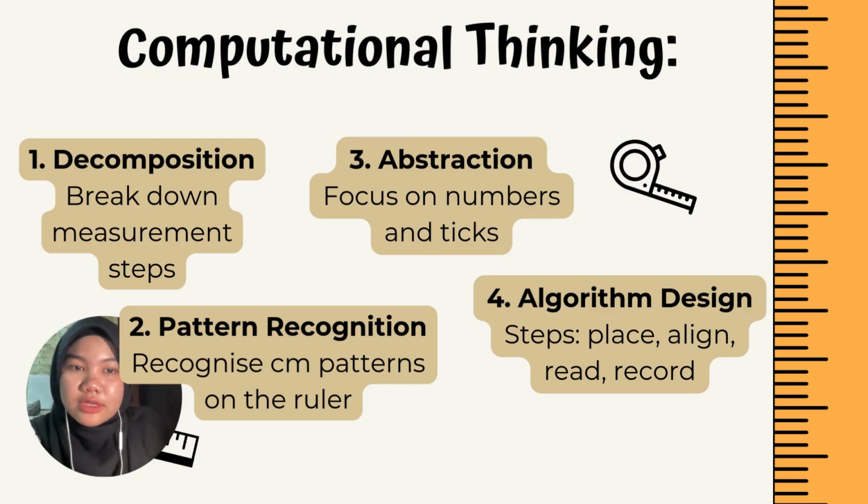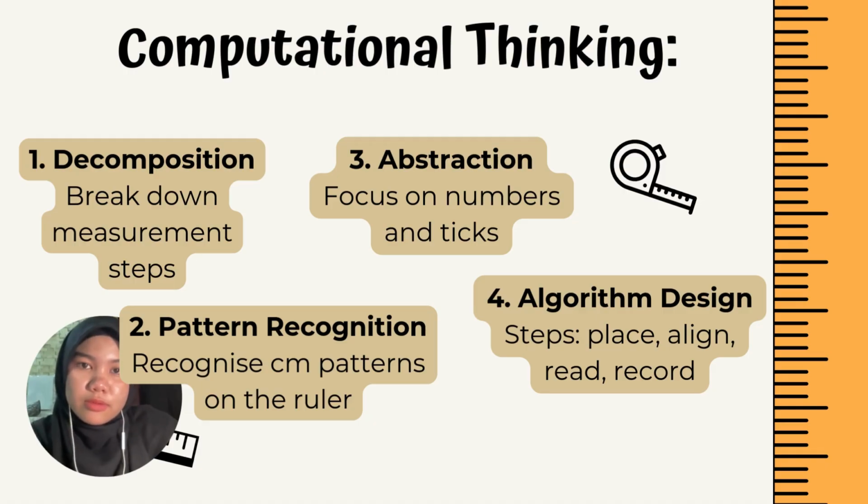By using computational thinking, we can solve problems in an organized way. There are four powerful strategies we'll apply during this lesson. Firstly, decomposition, which is breaking down the big problem.